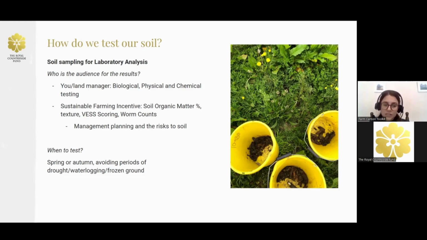So when to test is also as important as choosing what to test. It's always good to try and test when we're not in the extremes of weather, so when it's nice spring, autumn temperatures, when we don't have droughts or waterlogged, frozen ground. It's getting trickier as our climates are changing, but try to remain consistent in the time of year we test, and the style of testing we do, whether it's someone walking across the field in a traditional W pattern, or yourself going out with a spade and grabbing a couple of samples from across the field.